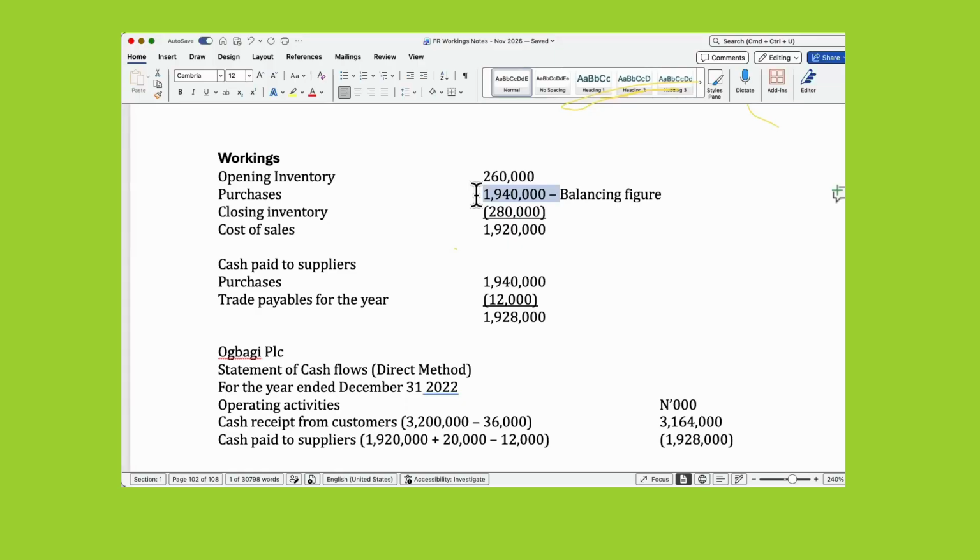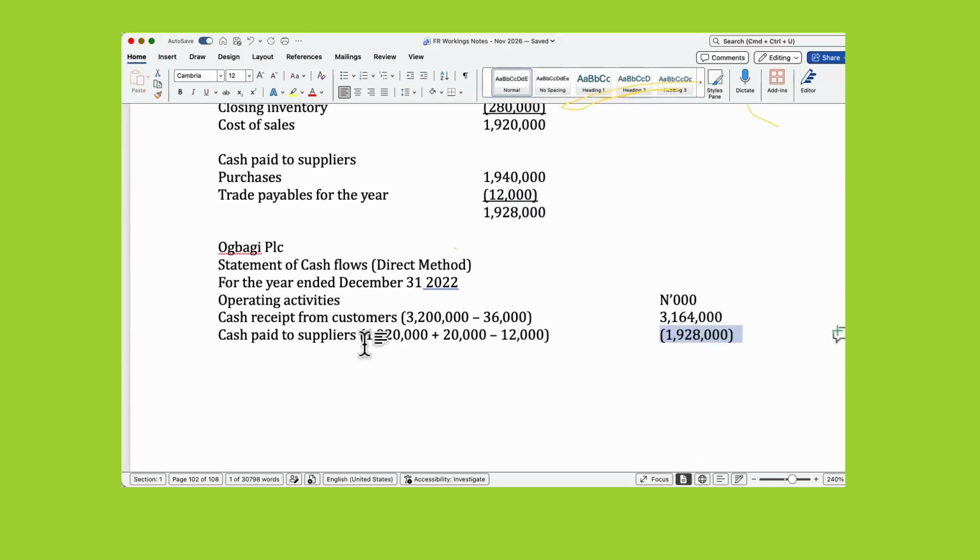So I only need to take away the credits. From my statement of financial position, I saw that the increase in payables for the year is 12,000. If I remove that, I'll be left with this 1928, which is my cash paid to suppliers. And this is what I would use here. I'll just take it here.